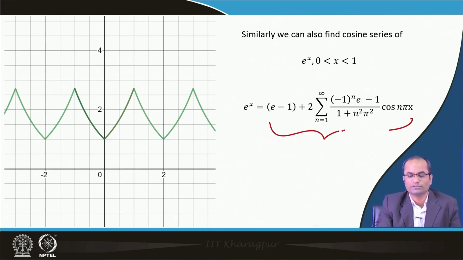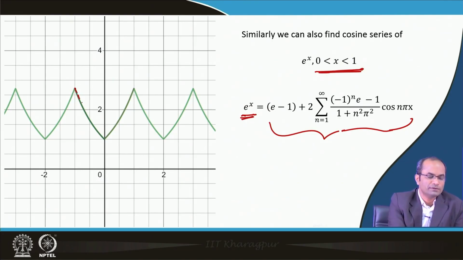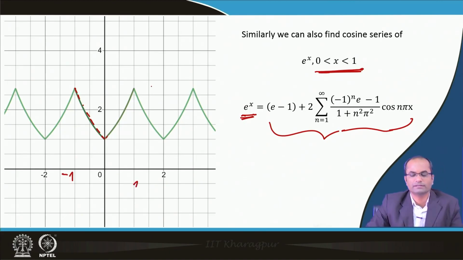So, if we write down its cosine series with similar steps to what we have done before, in the region 0 to 1 this will be equal to this exponential function, which was extended this time so that it has become an even function, and then we have written the Fourier series, which is now the cosine series.